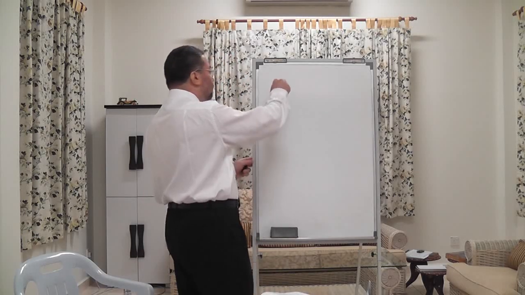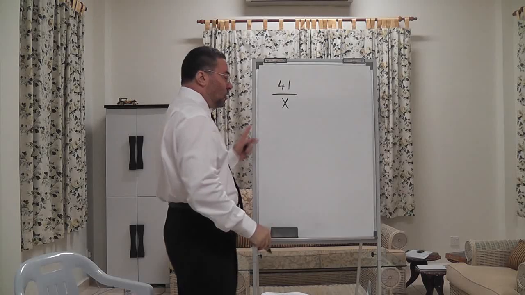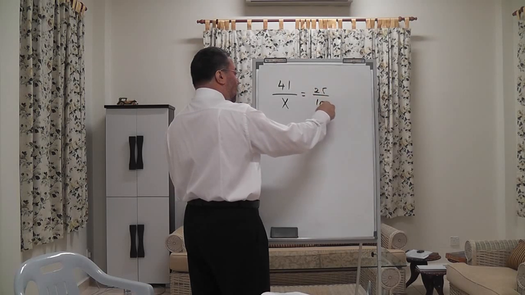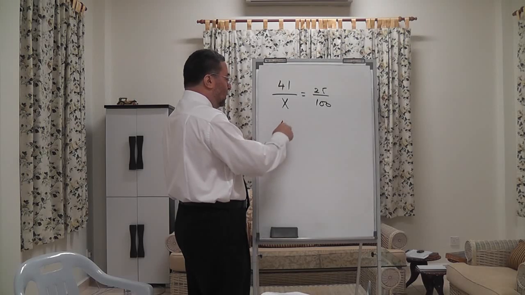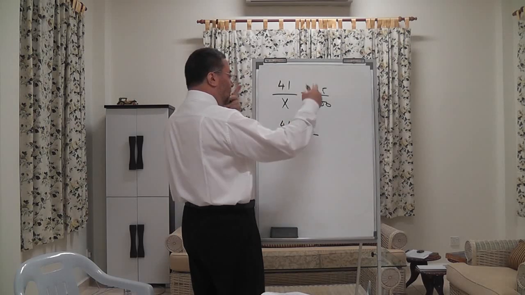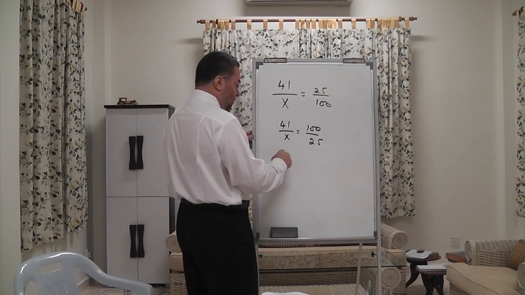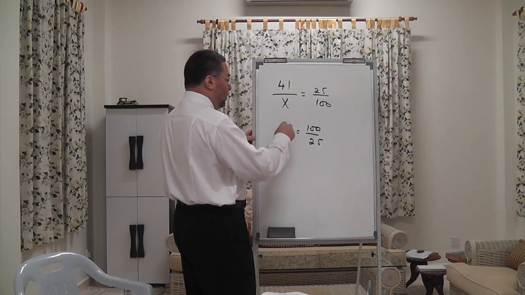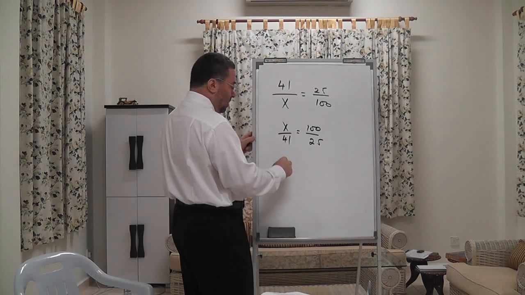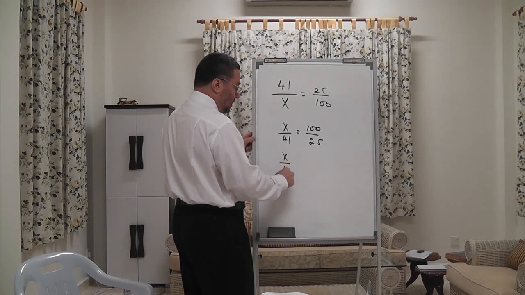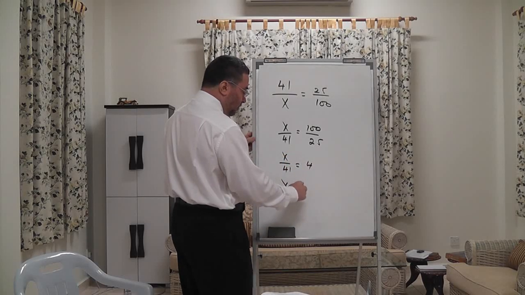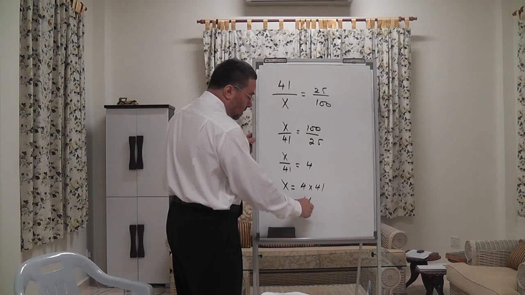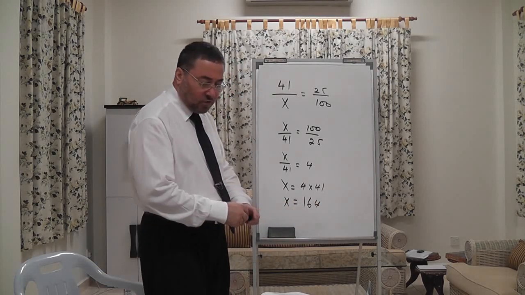And when you do so, 41 divided by x, the unknown number, you get 25%, which is 25 over 100. 41 over x equals, we flip everything, 100 over 25, x over 41 equals 4, and x equals 4 times 41, and x equals 164. So the answer is 164.